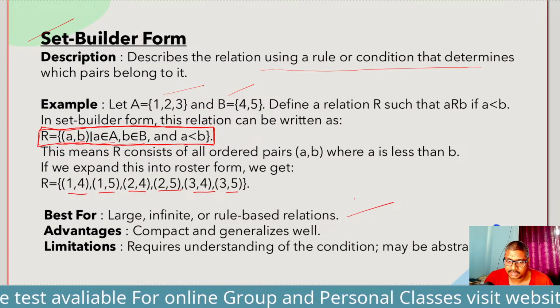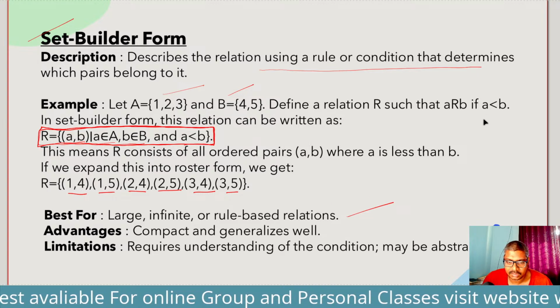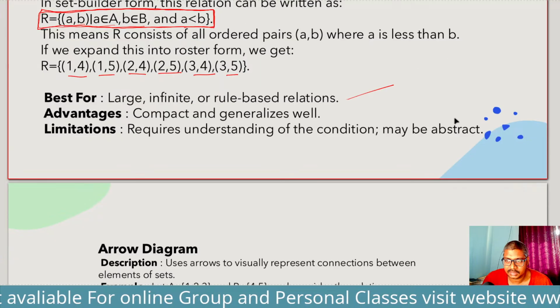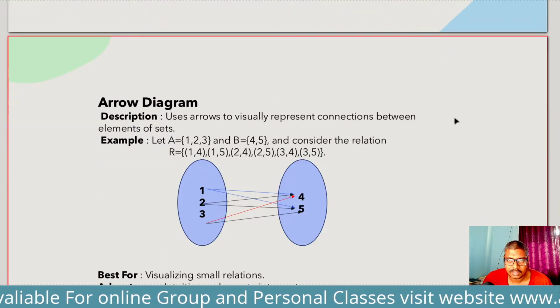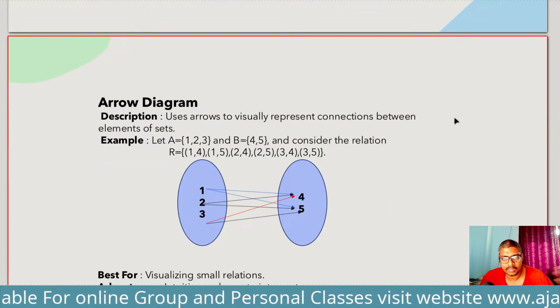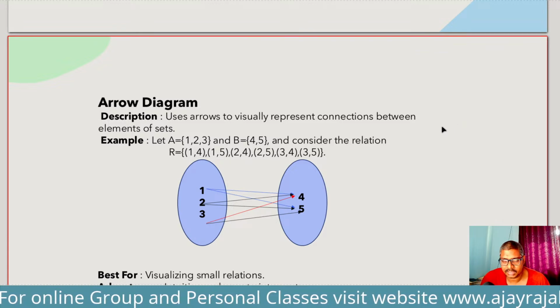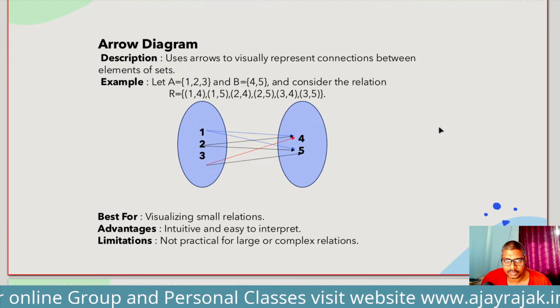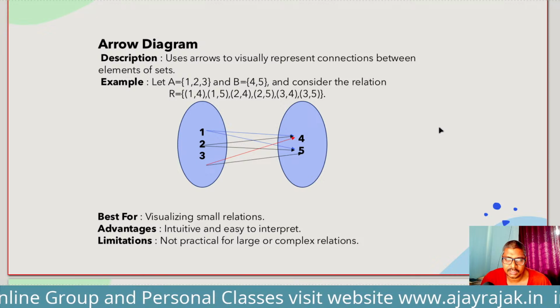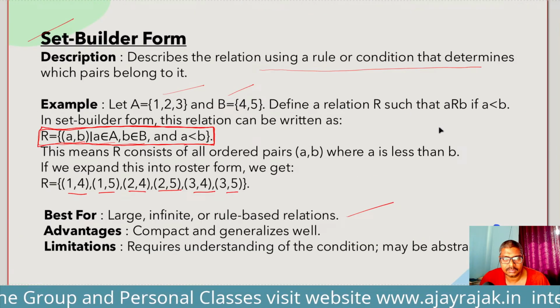So it's good for the larger relation, requires understanding of the conditions, maybe abstract sometimes because more than one component can be there in the relations and it becomes a little complex. But okay, we can still represent it in our set builder form.